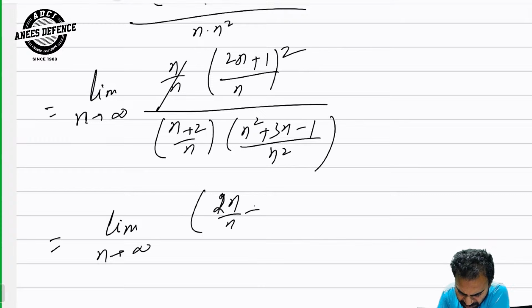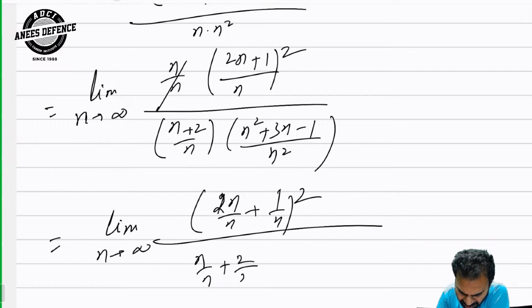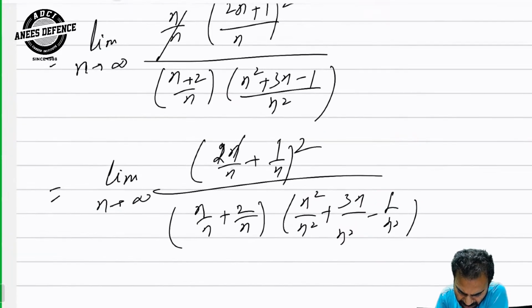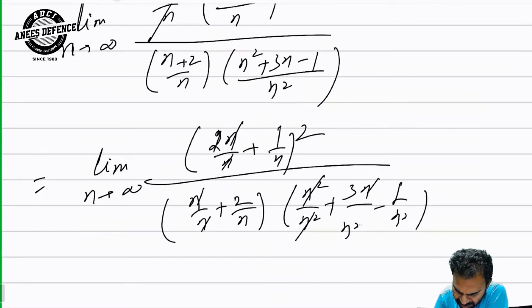Two n upon n plus 1 upon n; n upon n plus 2 by n; n square upon n square, 3n upon n square, 1 upon n square. Any problem? n cancels, n cancels, n square cancels. From here n will be cancelled, so 1 will remain.